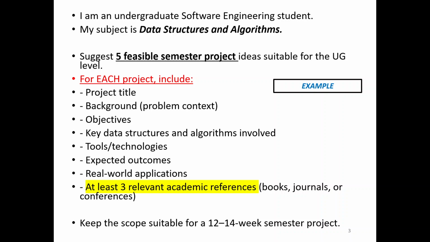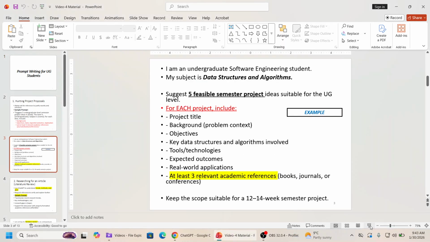For each project, include project title, background, objectives, key data structures and algorithms involved, tools, technologies, expected outcome, real world applications, and at least three academic references. And then I have mentioned the scope as well, that you need to conclude this project in the span of 12 to 14 weeks so that the GPT knows how much duration we are targeting.